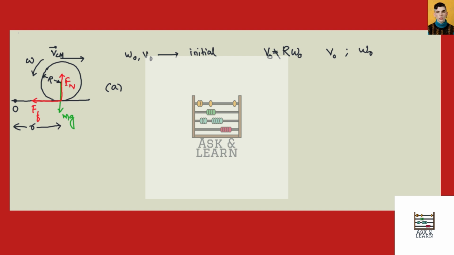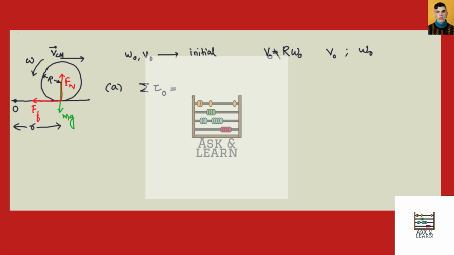This is because if you calculate the torque about point O, so let me just do that. So net torque about point O will be equal to I alpha, or we can write that, let me use the other relation.